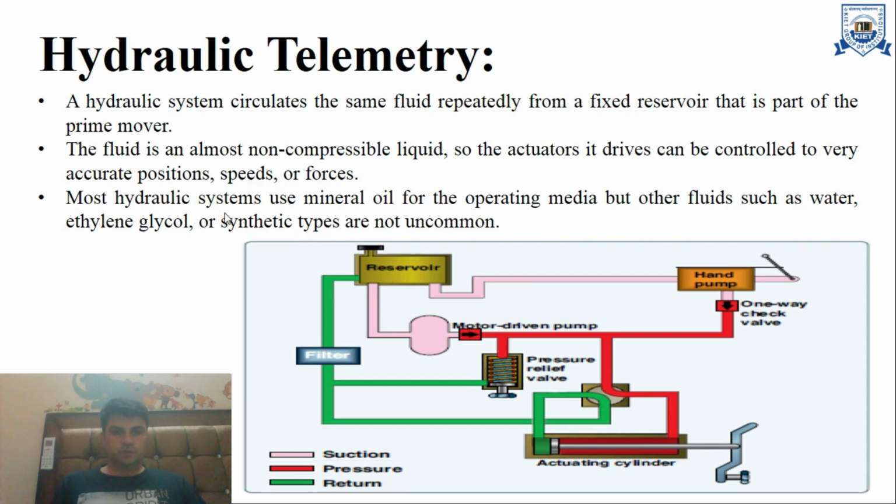Most hydraulic systems use mineral oils as the operating media, but other fluids such as water, ethylene glycol or synthetic types are not uncommon. Here is the SCADA diagram of a hydraulic telemetry system.